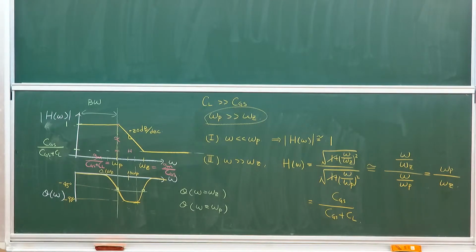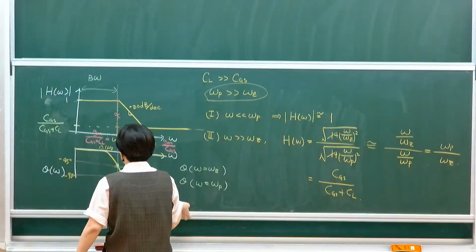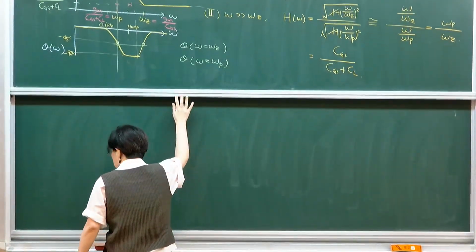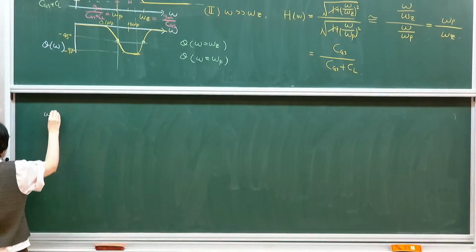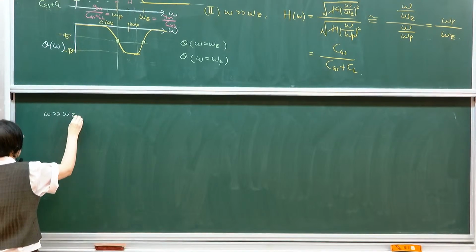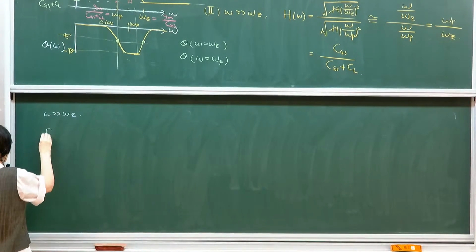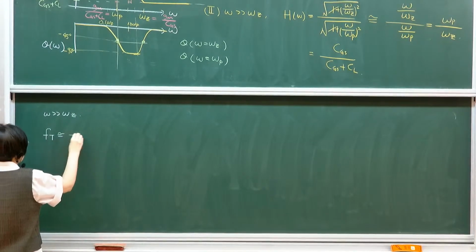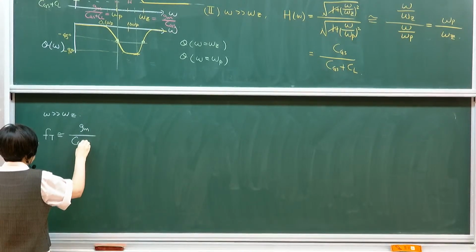So these results give you something very interesting that I want to discuss a little bit. What does it mean at very high frequency? If you look at omega much, much larger than omega z, this means that you have already passed the transit frequency, omega t, of the circuit, which is approximately gm over CGS plus CGD, right?